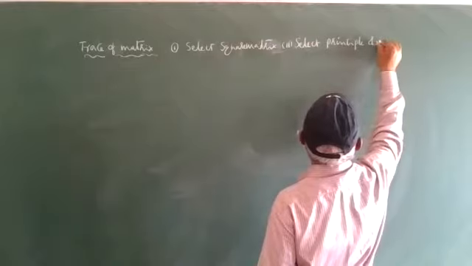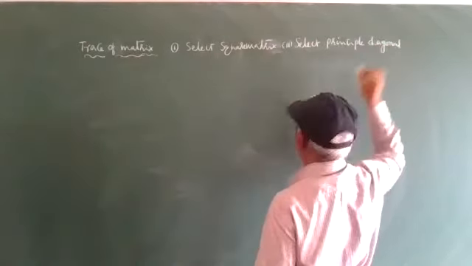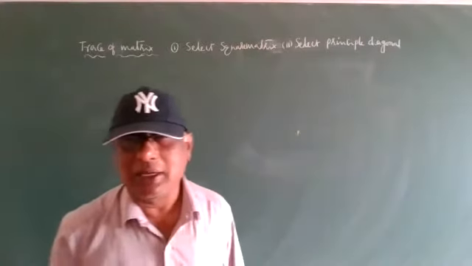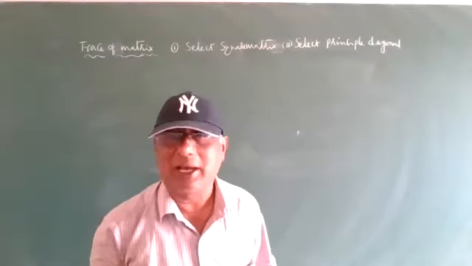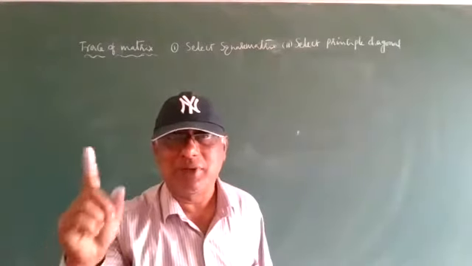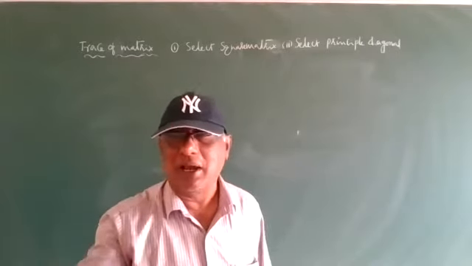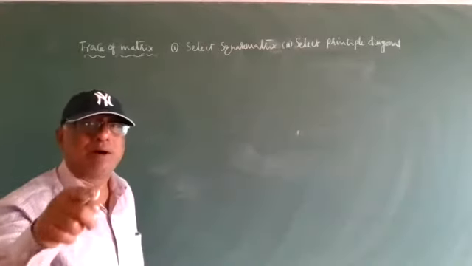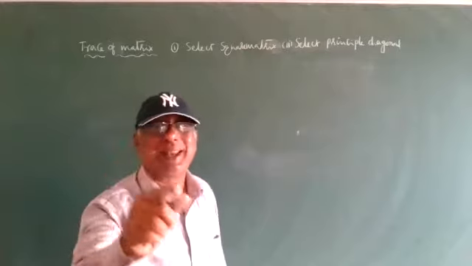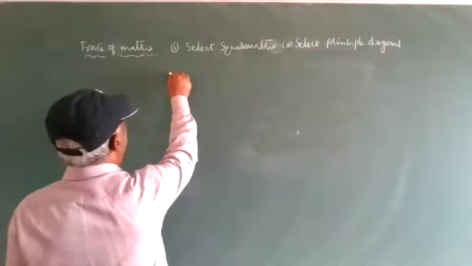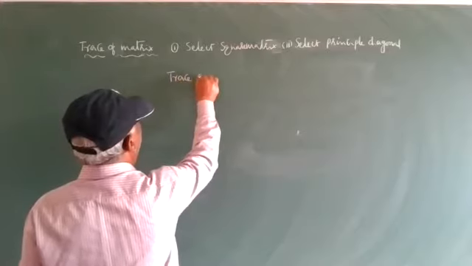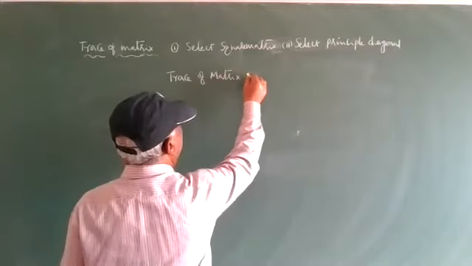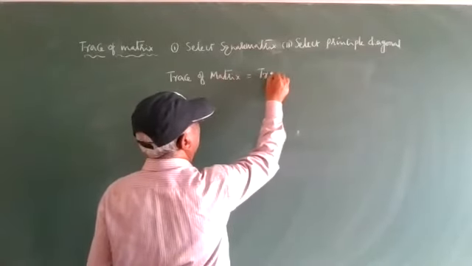Very good, the principal diagonal literally means the first element diagonal. Other diagonals we can't take, only the first element diagonal. So the sum of the principal diagonal elements is called the trace of the matrix. Trace is simply represented by tr.